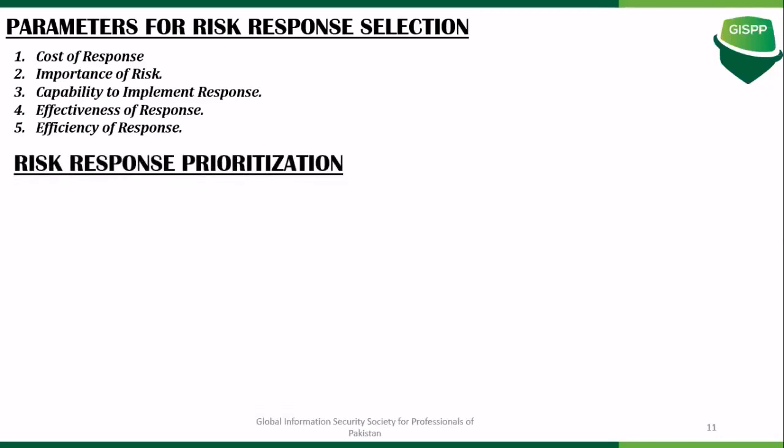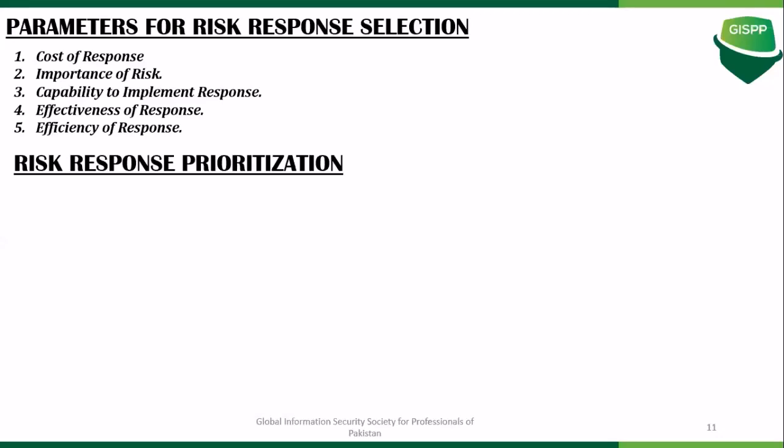Now, the next thing is, how do you prioritize? What you have done is that you have evaluated multiple risk responses for all the risks that were highlighted during the risk identification and the risk assessment phase. Now you have determined which risk response is appropriate for each risk item.